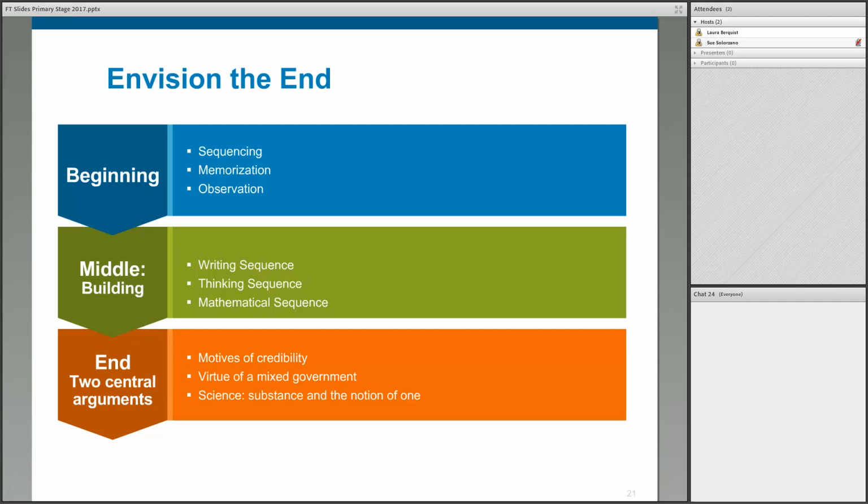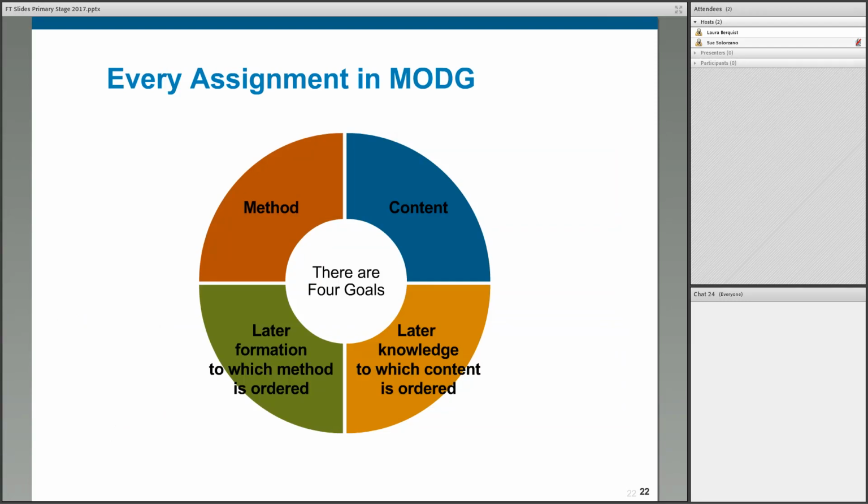Okay, so now we're going to look more particularly at kindergarten. Okay, having that overview in mind. This is important for every stage of formation. What's on the screen here right now? There are 4 goals involved at every level of MODG assignments. Every assignment has these 4 goals.